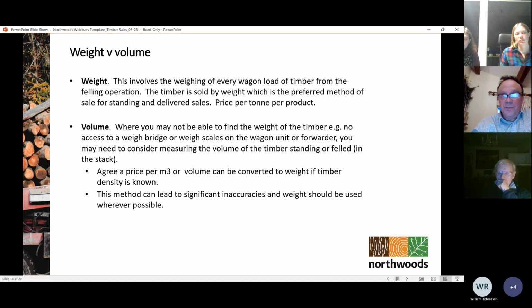It is open to considerable amount of error because, particularly with firewood and biomass, it can be very variable. If you've got straight saw logs and you measure the stack and you times it by 0.6, you will be pretty accurate in terms of working out what the solid wood content is.